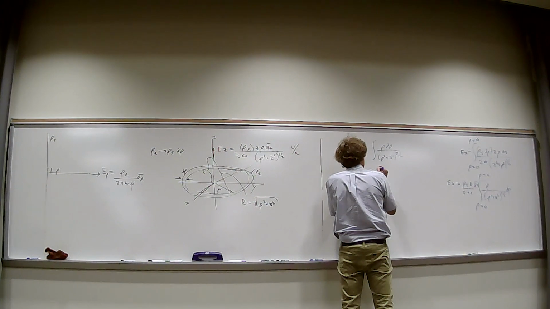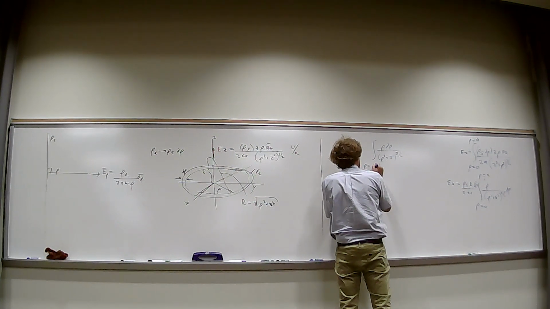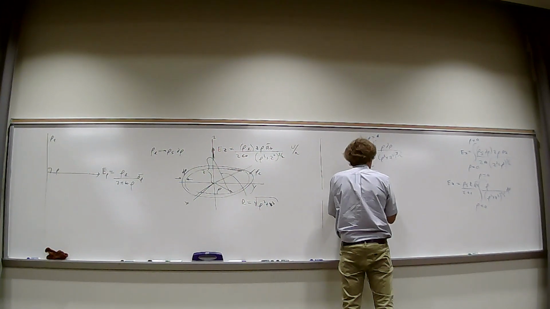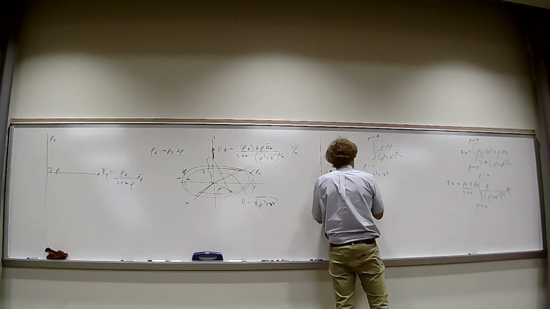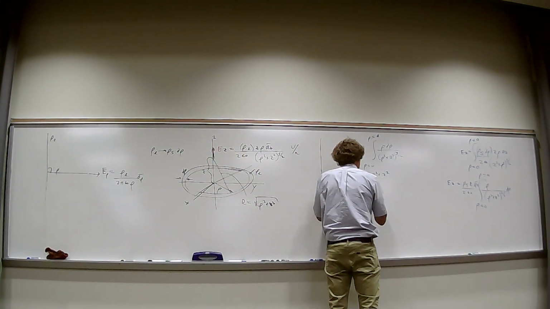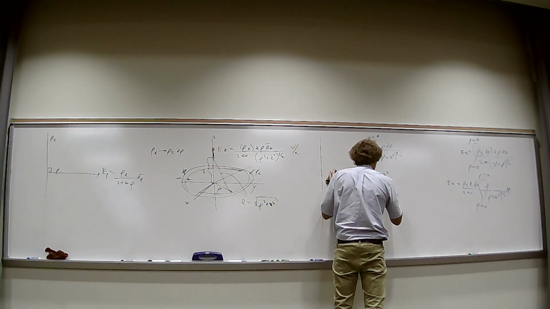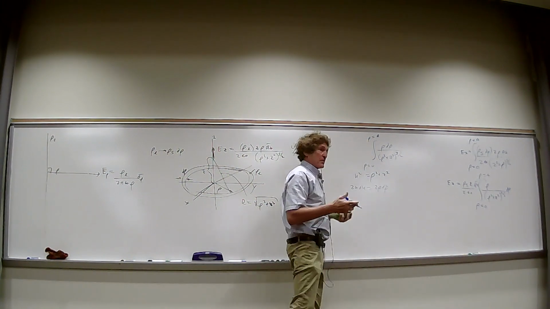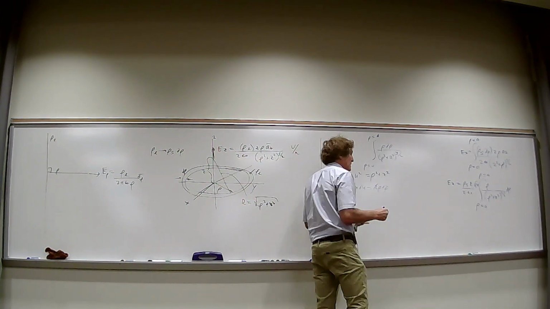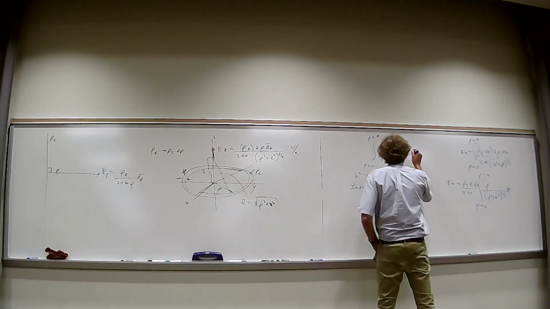Here rho goes from 0 to a. If you let rho squared plus z squared equal u squared, then 2u du equals 2 rho d rho, right? If you do the differential, the 2's go away. Then you can turn this integral into something fairly straightforward.